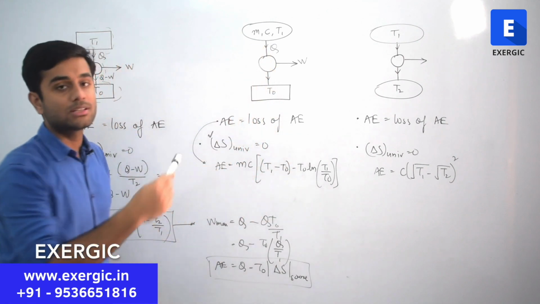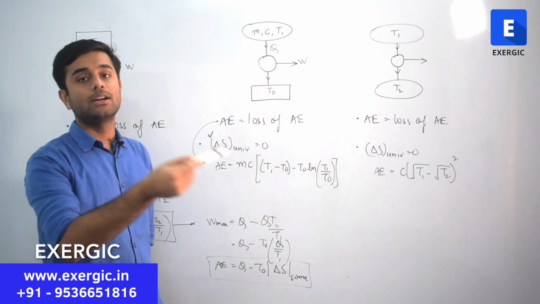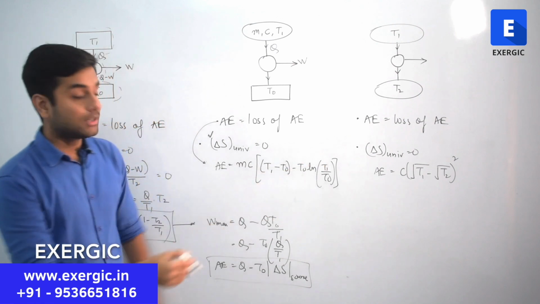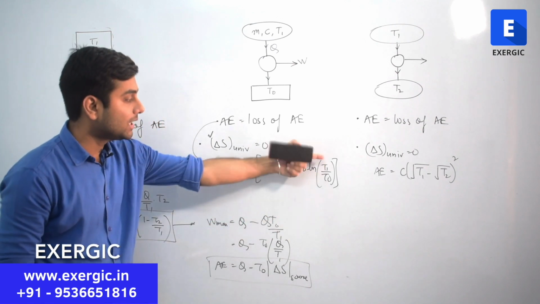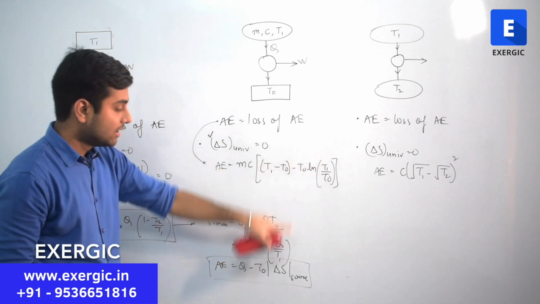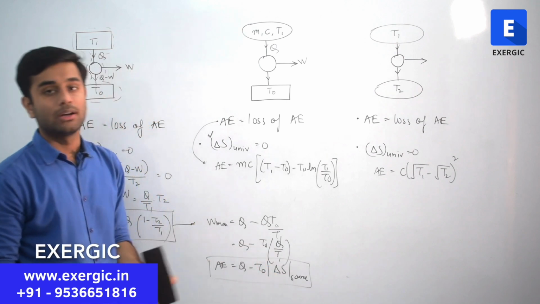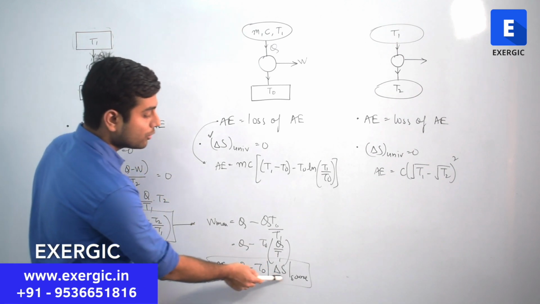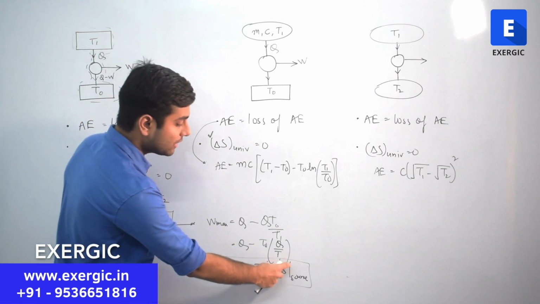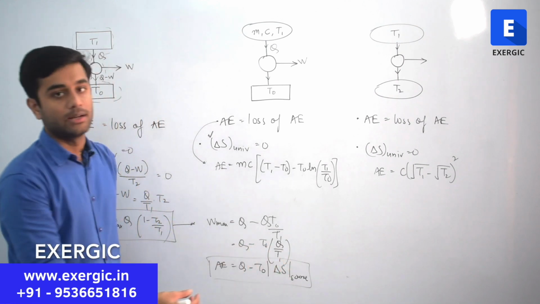For the source, how much is delta S? MC ln T2 by T1. Even if you change this ratio, the sign here will change, but here it is the absolute value only, right? Whatever value you use for delta S does not matter. Ultimately whatever value comes out will be positive only, correct?